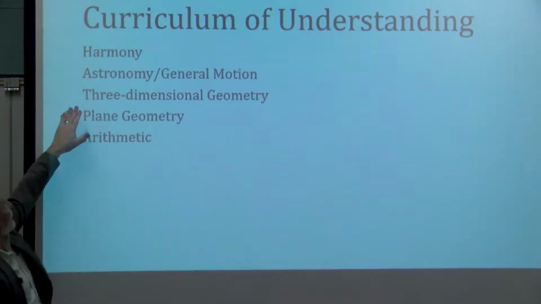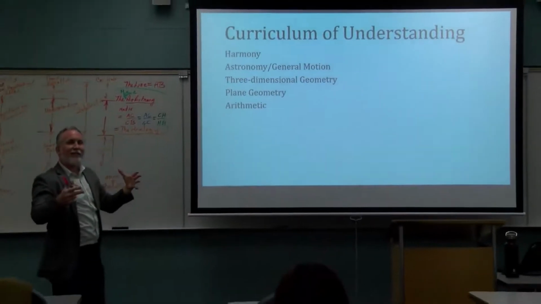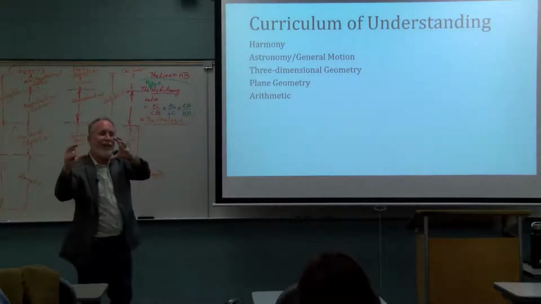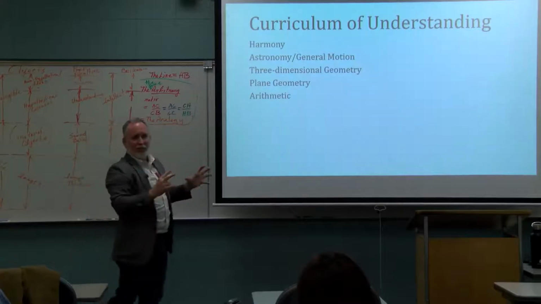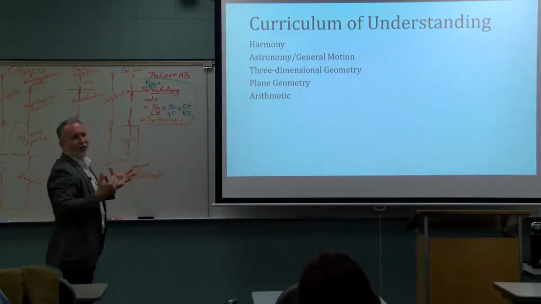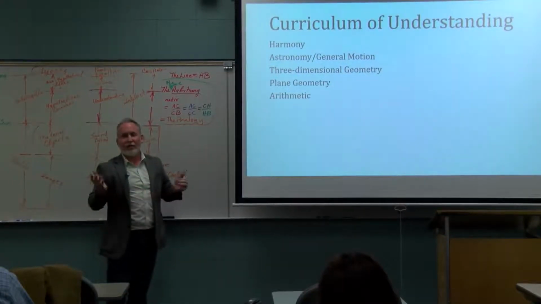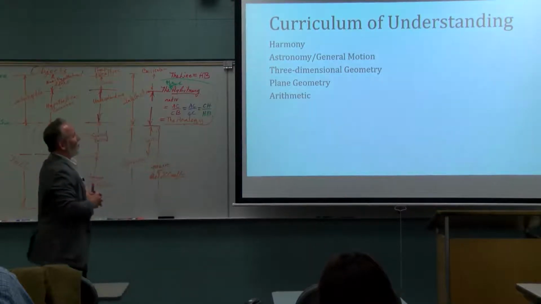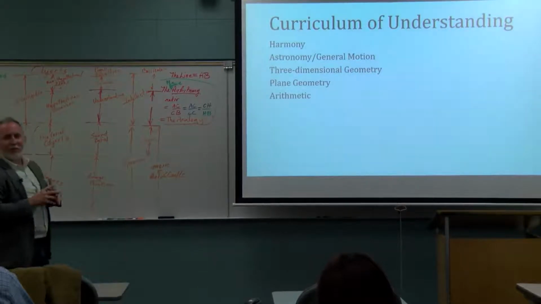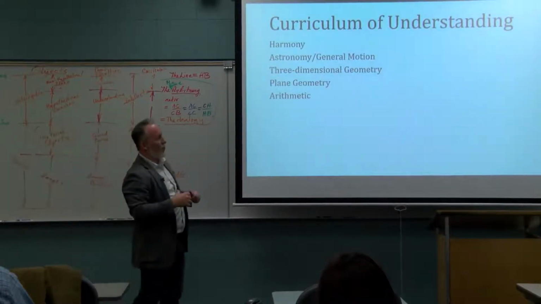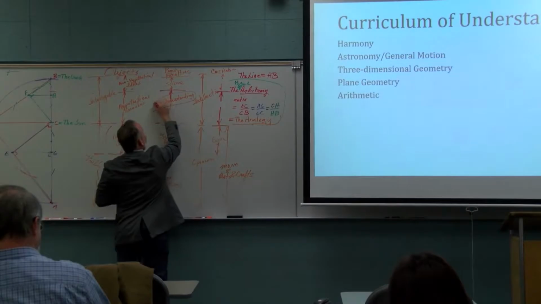Plane geometry is two-dimensional geometry, then three-dimensional geometry, and then astronomy, the way that Socrates describes it, is taking three-dimensional geometric objects and putting them in motion and studying motion, the very concept of motion, which we today would think of as physics, which really didn't come to fruition until the time of Sir Isaac Newton, right? So it took quite a number of millennia to get to the fulfillment of Socrates' kind of ideas here about what we normally call science, but what Socrates wants to call understanding.